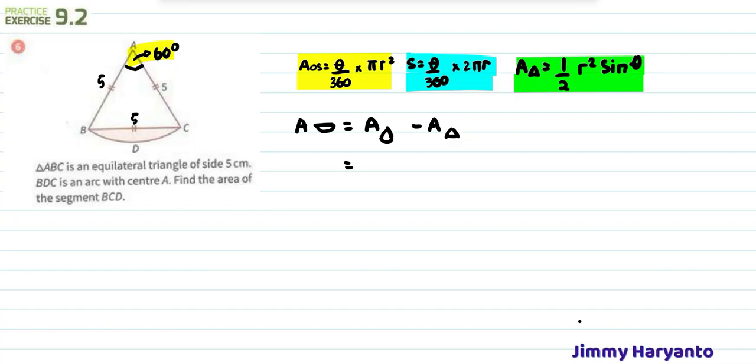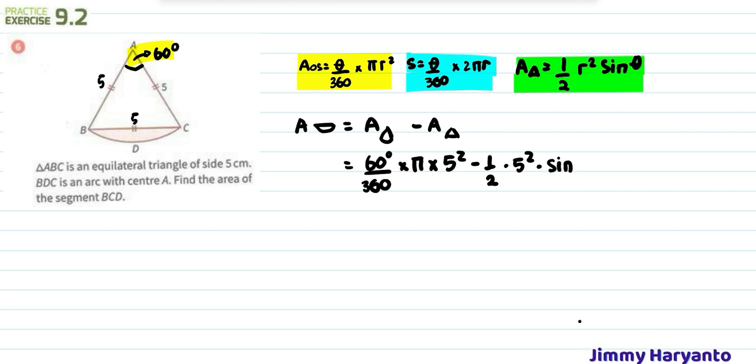The area of sector is 60 over 360 times pi times 5 squared, minus the area of triangle, which is half times 5 squared times sine 60 degrees. The answer is 2.26 centimeters squared. So this is the area of the segment for question 6.